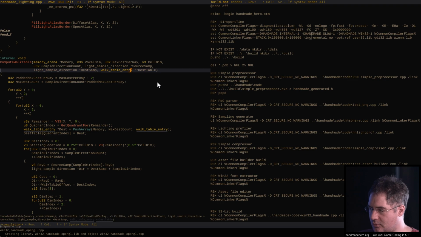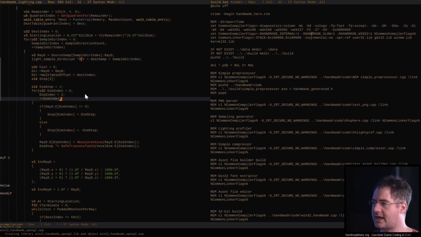In compute walk table, we don't bother to check Z values anymore, because there is no Z voxel anymore, right? We only have an XY sort of thing. That's all we have, right?